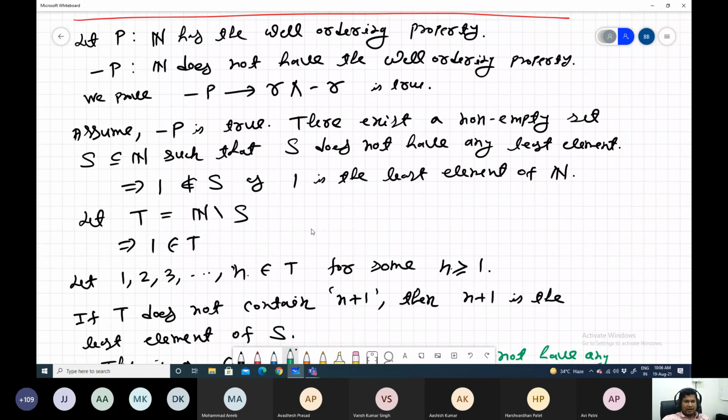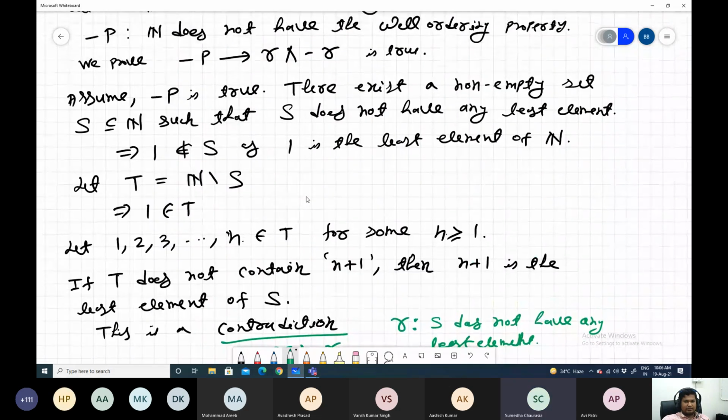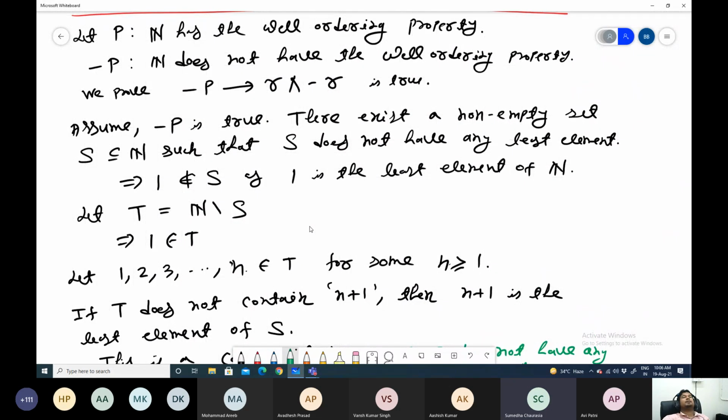So we can continue from here only, right? Afterwards we can say that since this is a contradiction, T has to contain n plus 1, because in the last line we said if T does not contain n plus 1, then n plus 1 is the least element. So we can say that if we assume that T contains 1 to n, this implies that T has to contain n plus 1 also.